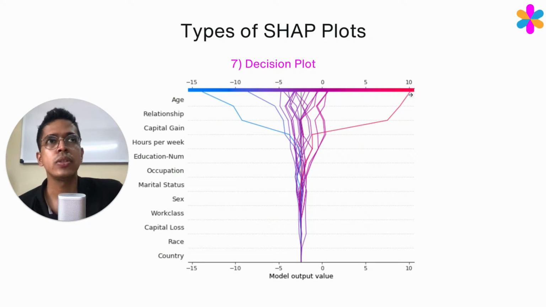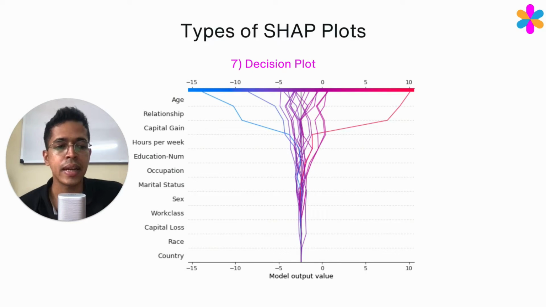So it probably shows that age can have, not on an average, but at least in the extremes, significant influence in deciding whether a person's income is high or low. Whereas country and race, according to the data set that this plot has used, have very little relevance. Capital loss, work class, all of these have lesser relevance in comparison to these top parameters in the extremes.